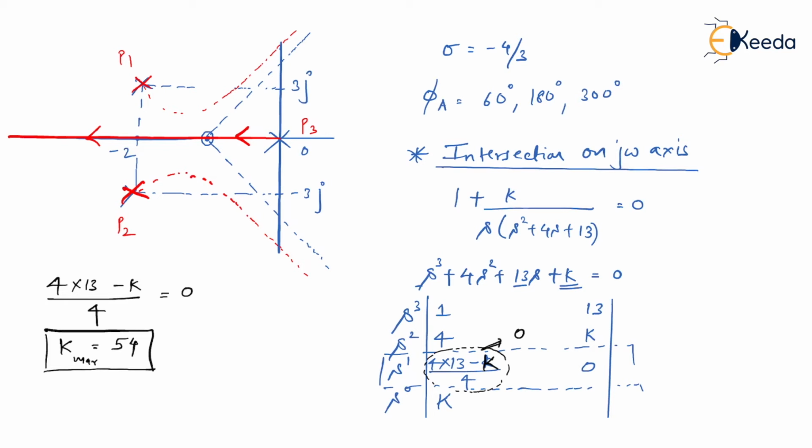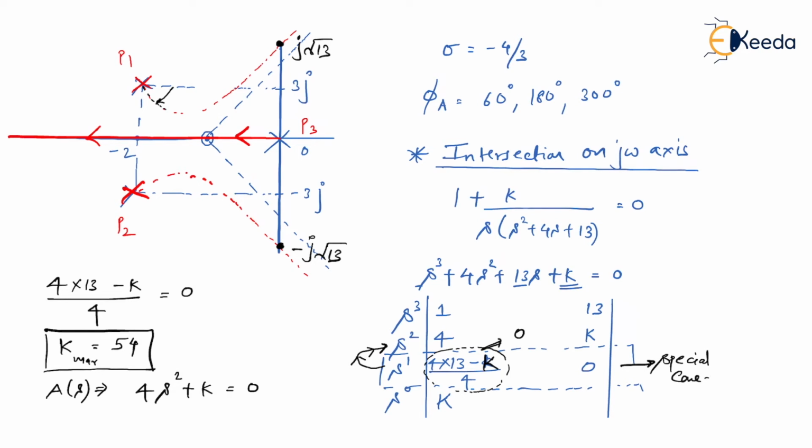So now we have got the k marginal value. Now get the auxiliary equation. How to get the auxiliary equation? Very easy. You will always get the auxiliary equation from the row which is just above the all 0 row, the row that gave you special case 2. So the s2 row will give you the auxiliary equation.